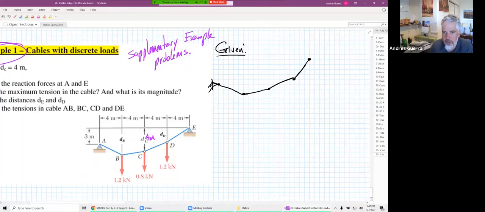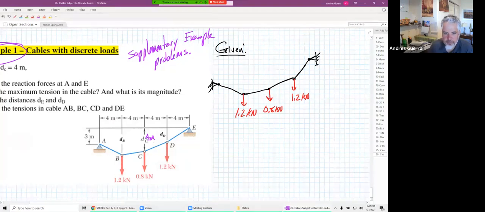I'm going to do it on a wall instead of on a floor. Doesn't matter because these are all 2 force members. And then we're going to have a 1.2 kilonewtons, we'll have a 0.8 kilonewtons and another 1.2 kilonewtons right there.